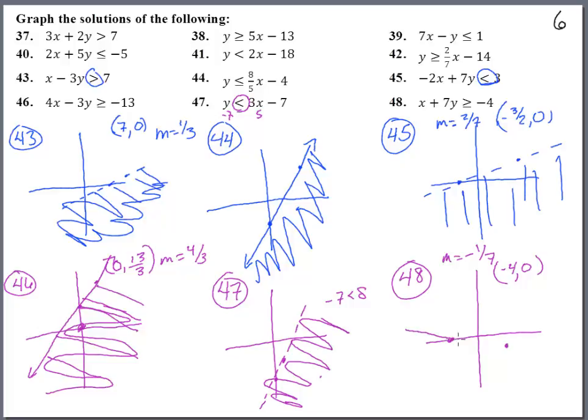And it's a solid line. And now x is bigger than, which means we're going to the right, and y has a positive coefficient, which means we can trust that y is greater than, so we're going to the right and up. And all of these points out here work.